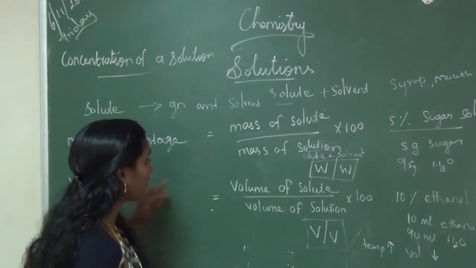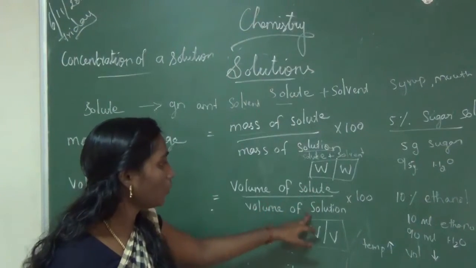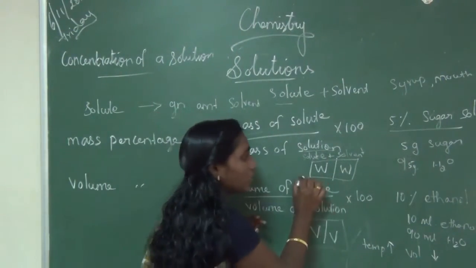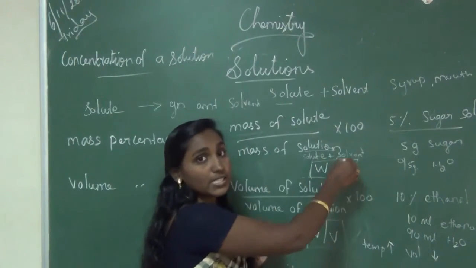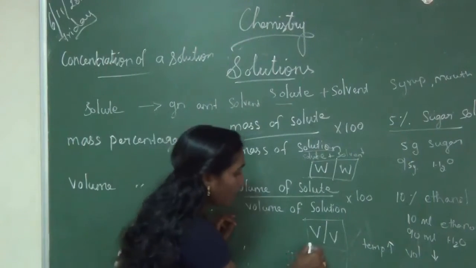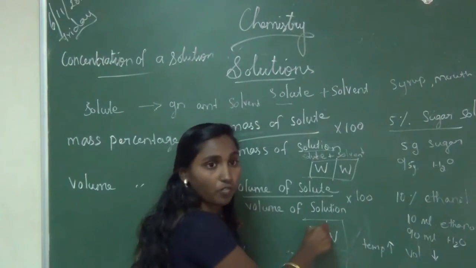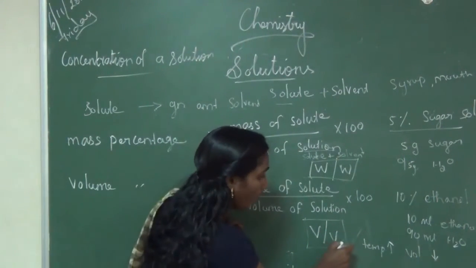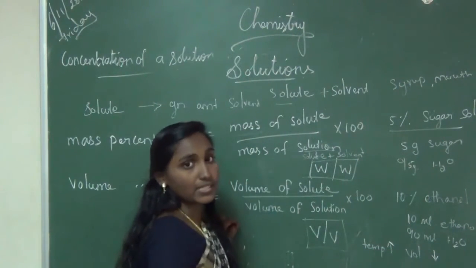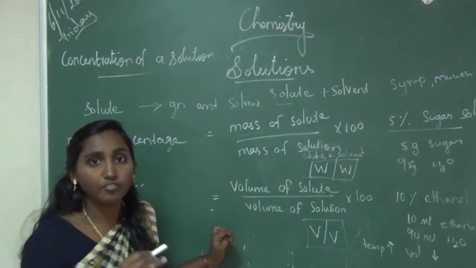Volume percentage: volume of solute by volume of solution into 100. Mass percentage is expressed as W by W and is independent of temperature. Volume percentage is expressed as V by V, meaning volume divided by volume. When temperature increases, volume will decrease due to the expansion of liquids.